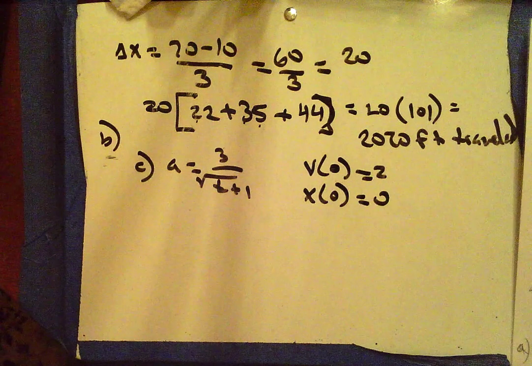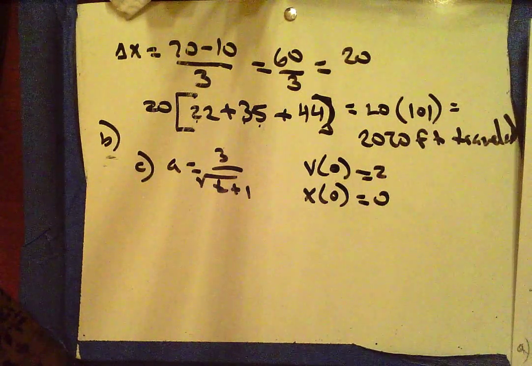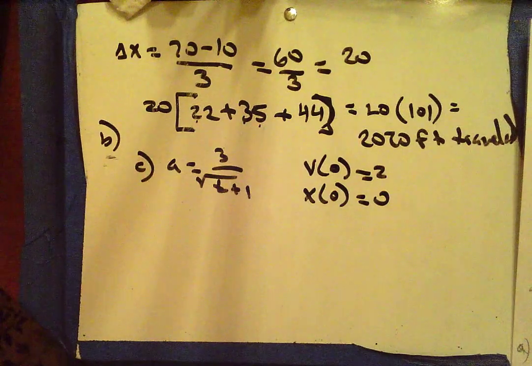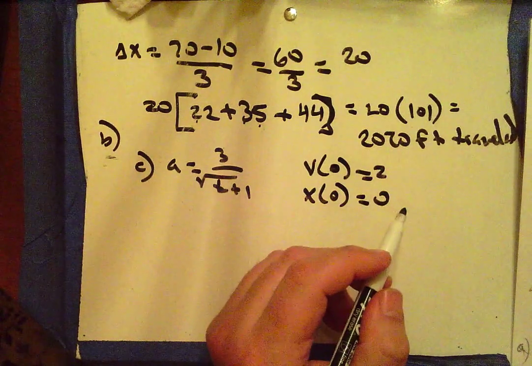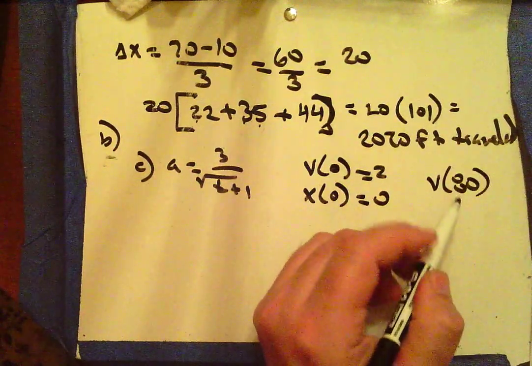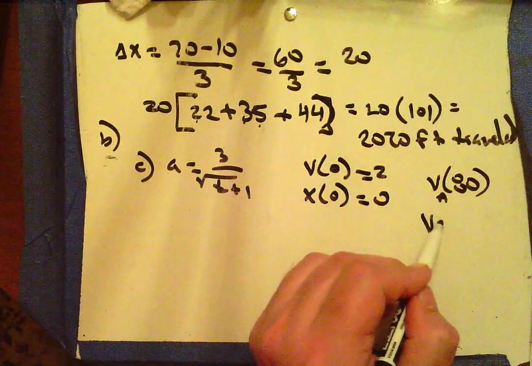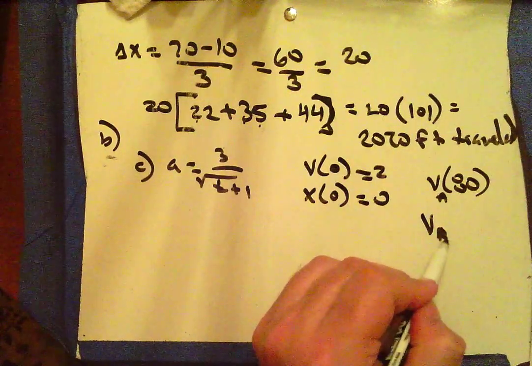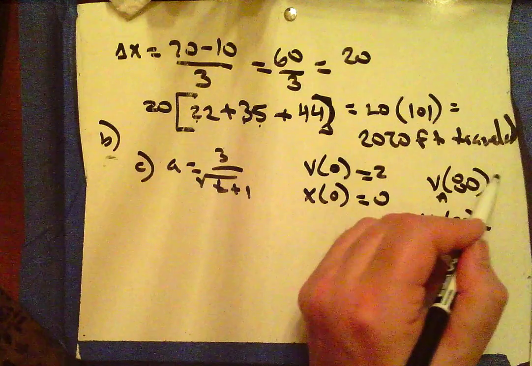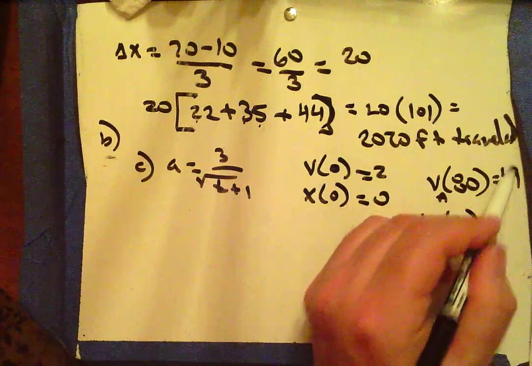So what am I supposed to do? I'm supposed to figure out which is traveling faster at 80. Okay, so I want v of 80 for rocket A and v of 80 for rocket B. Well, v of 80 for rocket A is 49 feet per second.